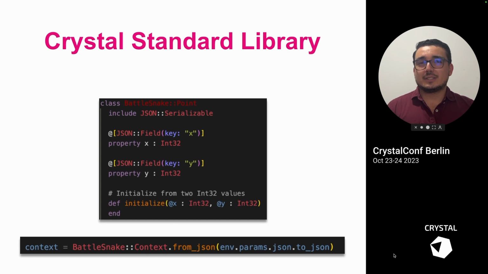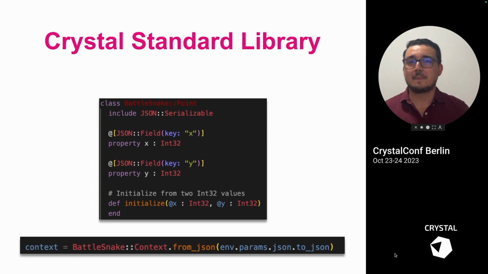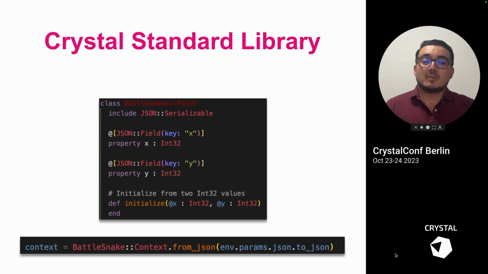I also wanted to share a little bit about the Crystal standard library modules that I used to implement this version of the Battlesnake API. The JSON serializable module is the module that allows you to parse and generate JSON documents.